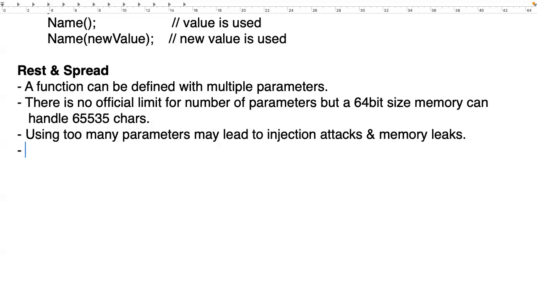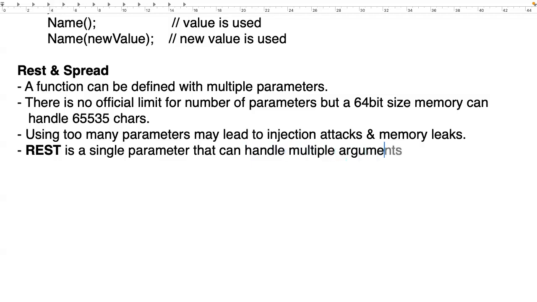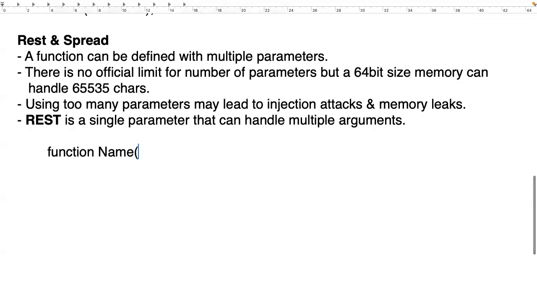So, what is the advantage? REST is a single parameter that can handle multiple arguments. When you write a function, the rest parameter is defined with three dots and a parameter name.